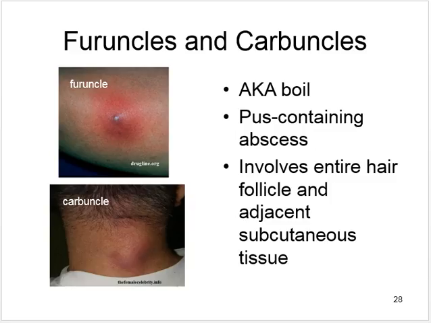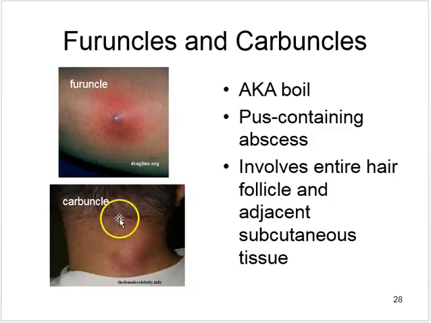Furuncles and Carbuncles. This is also known as a boil. It's a pus-containing abscess. It involves the entire hair follicle and adjacent subcutaneous tissue. Now, a furuncle, which is the first one, is a localized pyogenic infection most frequently caused by Staphylococcus aureus originating deep in the hair follicle.